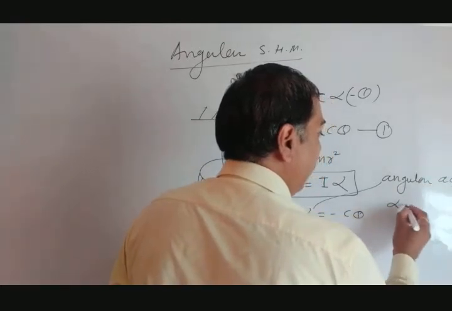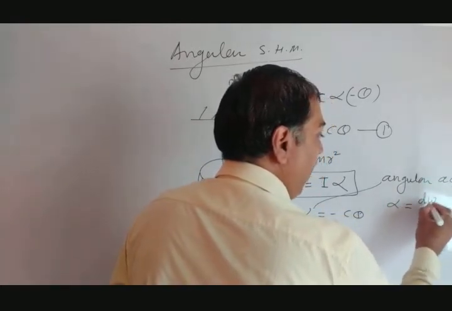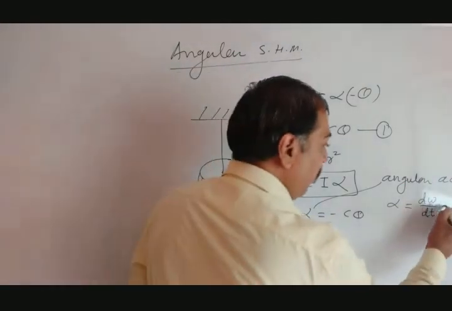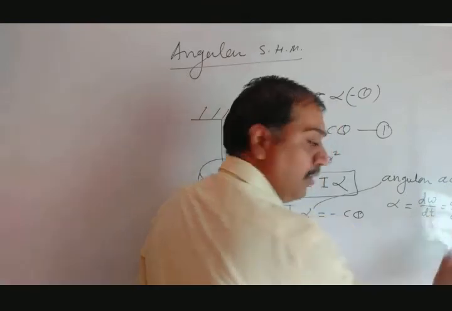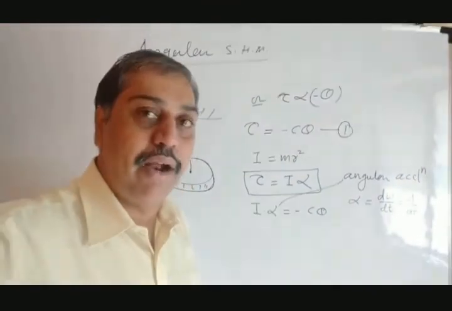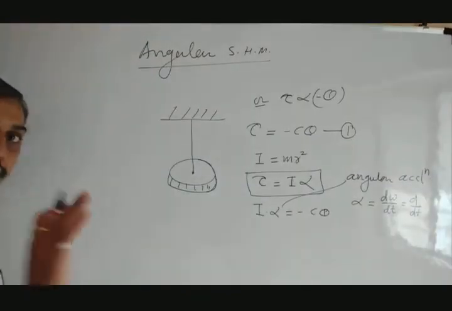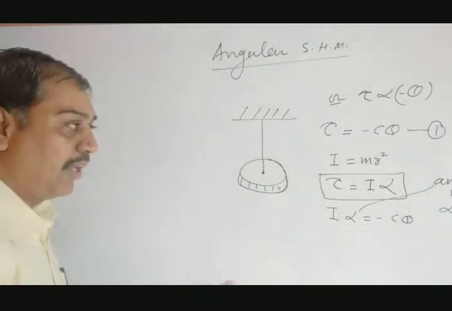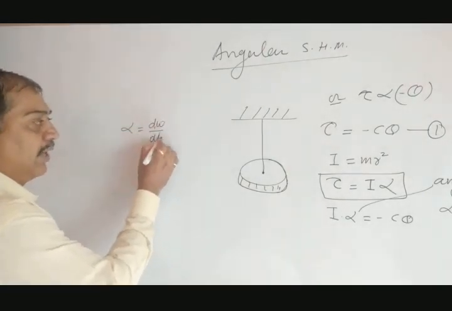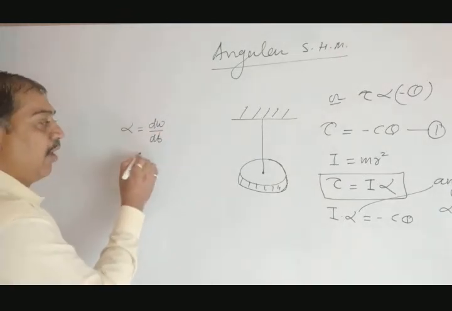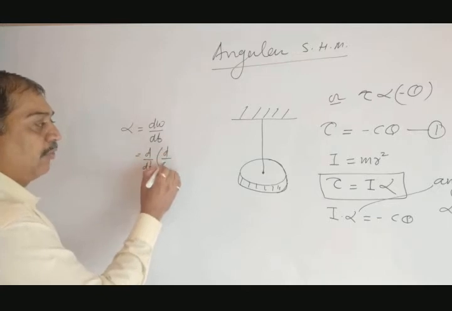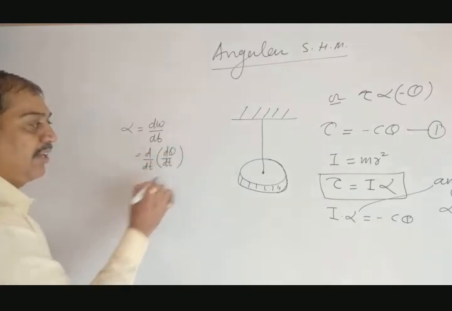and it is represented by alpha equal to rate of change of angular velocity with time, d omega by dt. And what is the value of omega? Omega is the rate of change of angular displacement, d theta by dt.